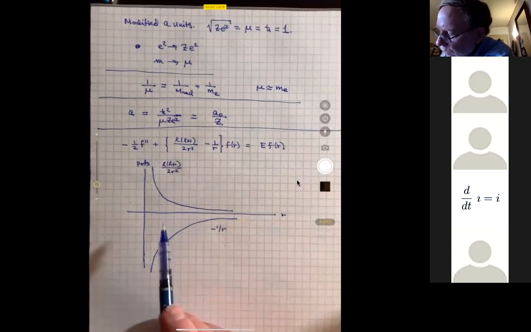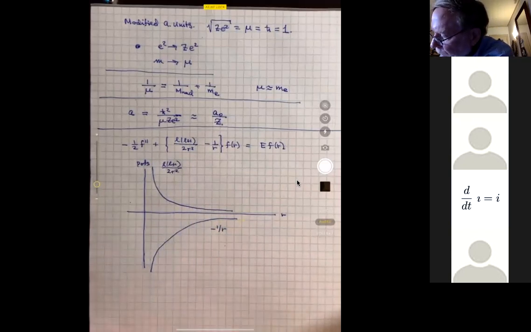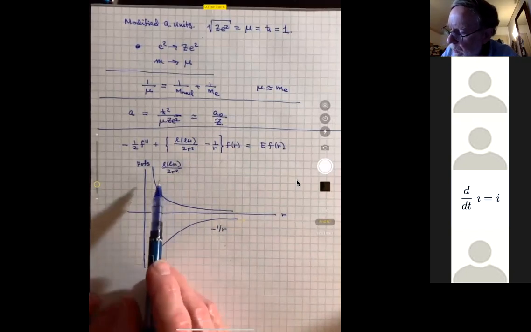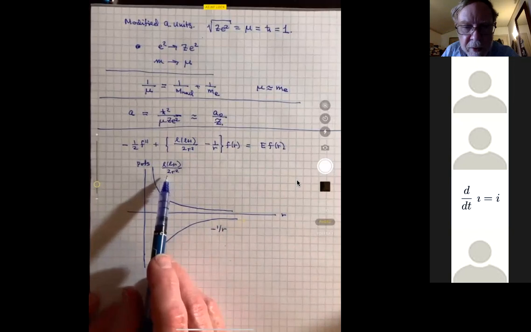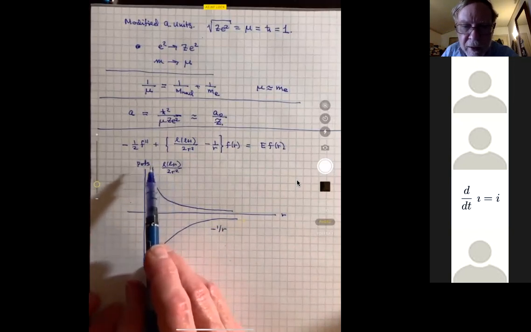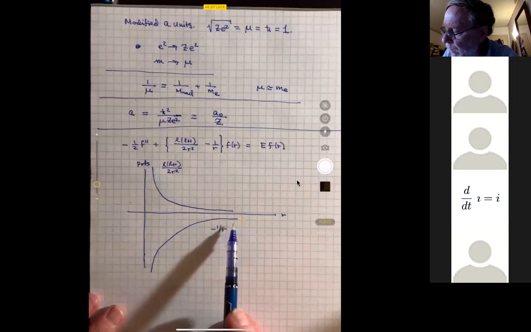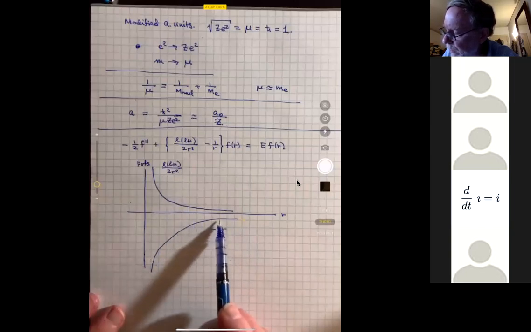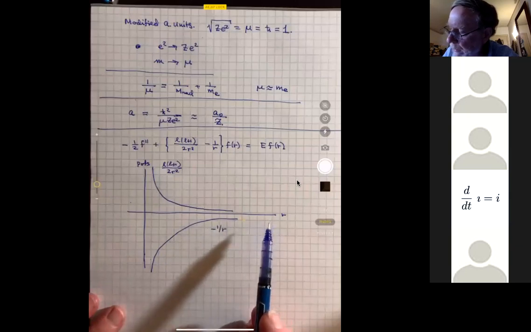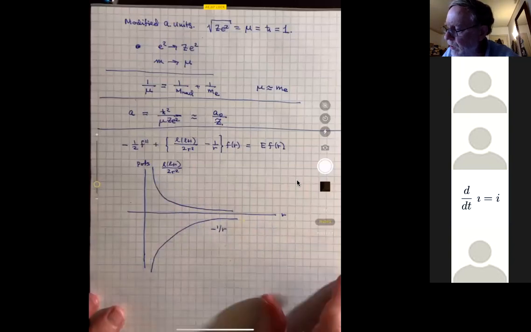And the effective potential then is the sum of these two. So if the radius r is small, the centrifugal potential dominates, so the total potential for small r diverges, goes to plus infinity. But if r is large, then the Coulomb potential dominates because it dies off more slowly than the centrifugal potential. So that's negative, and that's what dominates at large radii. So again, there's a competition between these two curves.